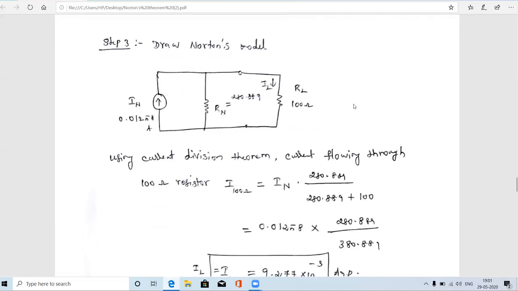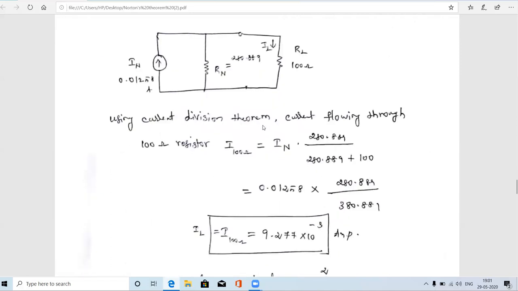And the second one is we have to find the current flowing through that particular load resistance, and also the power transferred to the load resistance. First, we have to calculate the current flowing through the load resistance. Here the total current is divided into two parallel branches.